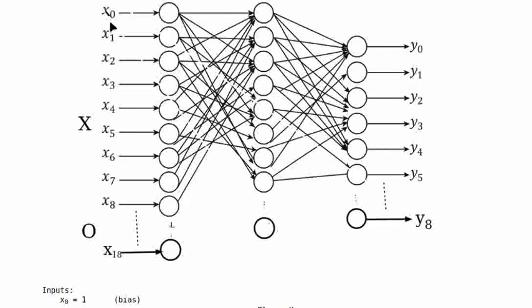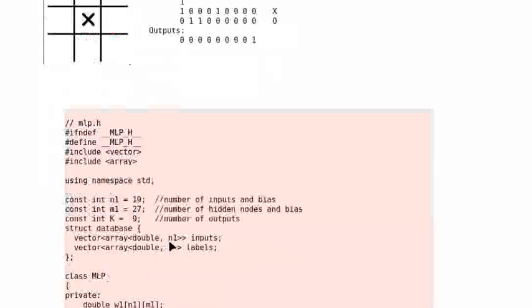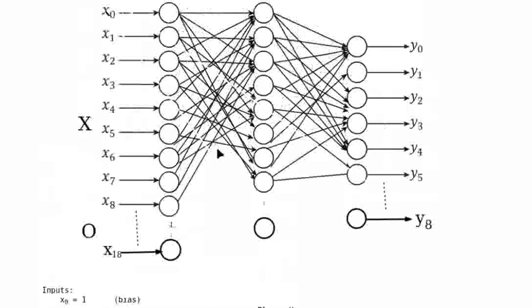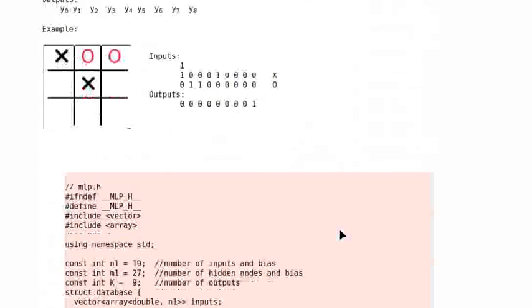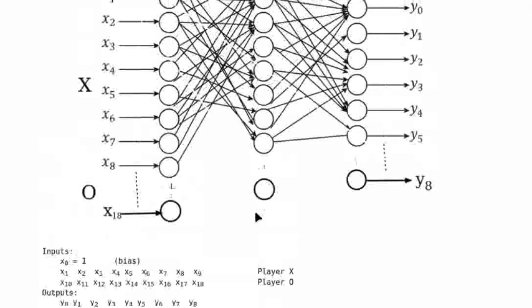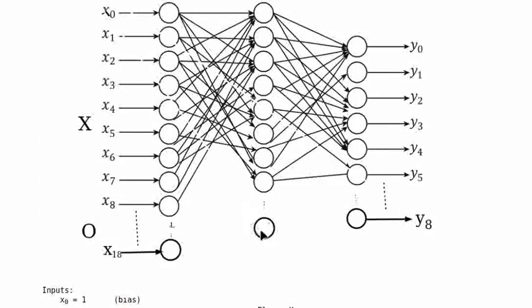X0 is the bias. And K is the number of outputs. It is 9, the 9 outputs from Y0 to Y8. And M1 is the number of hidden nodes plus the bias. The number of hidden nodes here is found empirically.